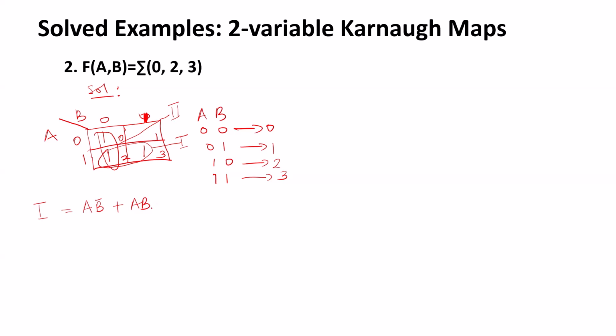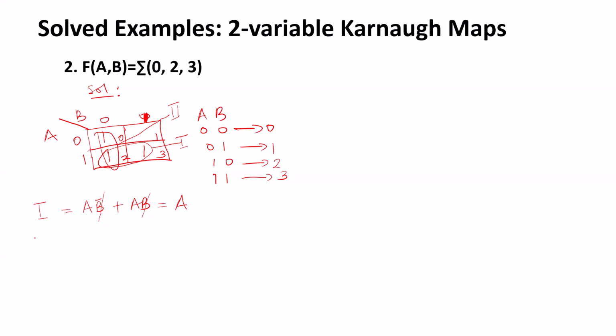So this remains the same. So now, this B bar and B, we cancel to give us A. Because we have AB bar plus AB, so this is the negation of B. So we cancel, so we have A.